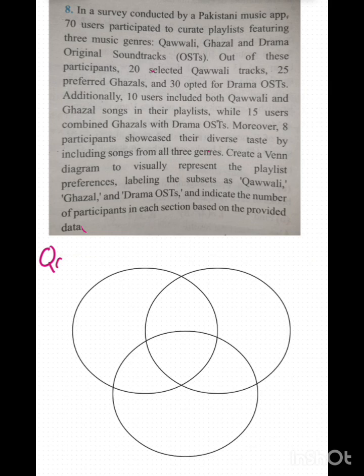The first one is Qawwali, the second set is Ghazal, and the third is drama OST, so we will just write OST. So this is the visual representation which we are going to make.